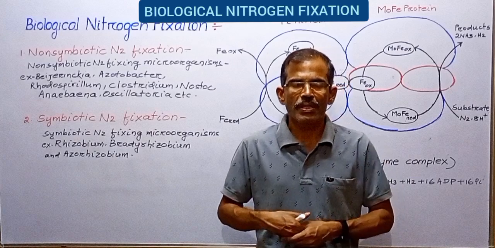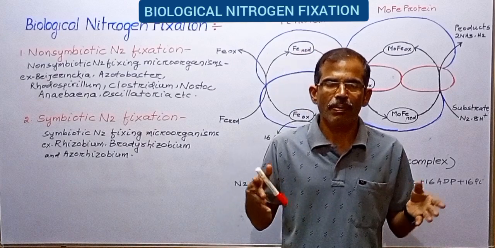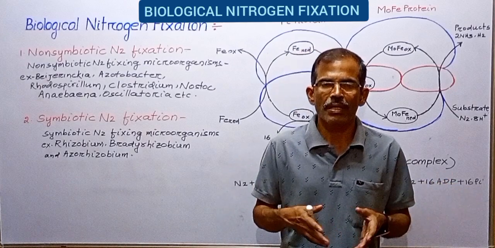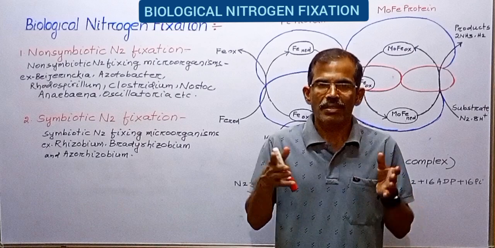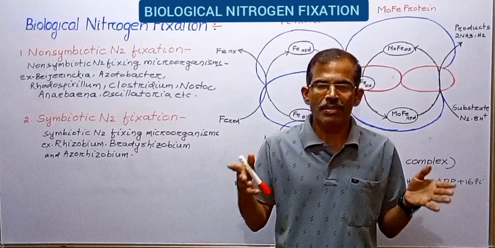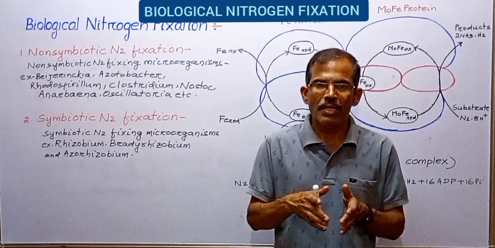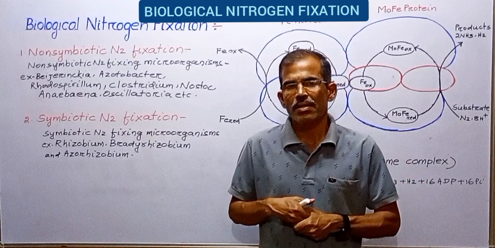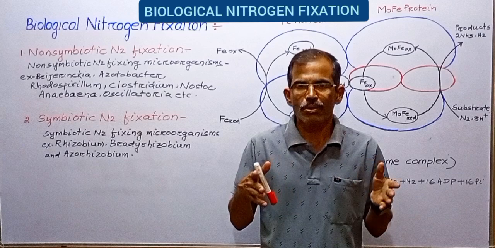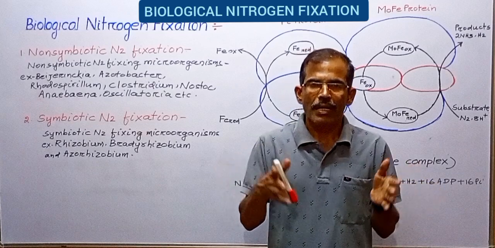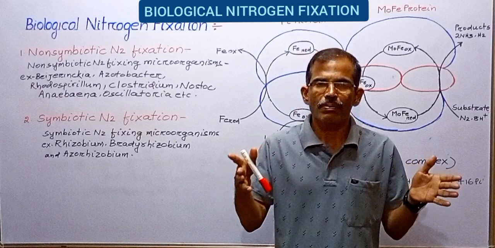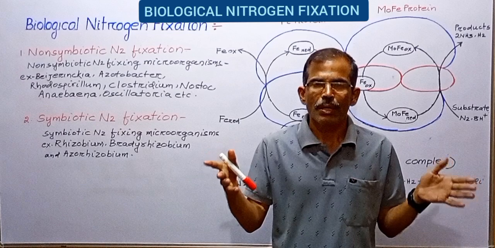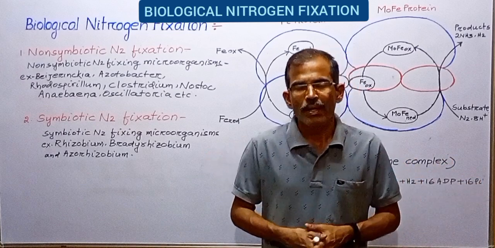Biological nitrogen fixation is the reduction of atmospheric nitrogen into ammonia by certain microorganisms such as bacteria or cyanobacteria. It is an essential reaction in the global nitrogen cycle and accounts for 2/3 of the fixed nitrogen produced on the earth.